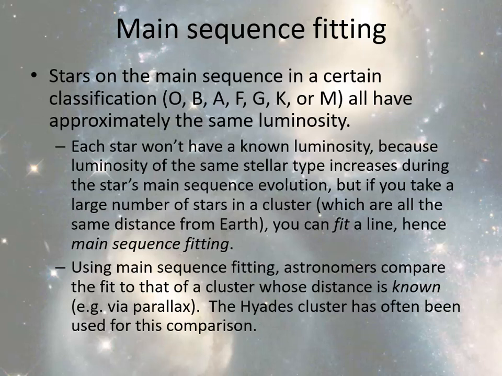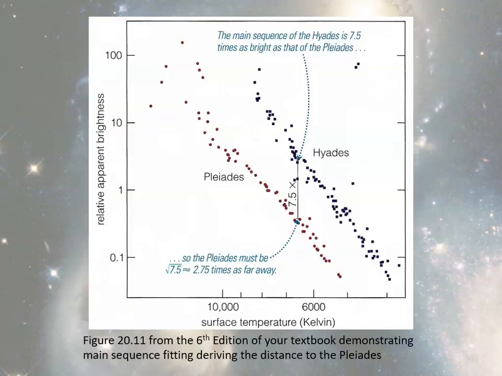Main sequence fitting is another way that we can determine distances. The idea is that if you can use, say, parallax to determine your distance to some cluster of stars, then if there is another cluster of stars that is farther away, maybe too far away for you to use parallax, then what you can do is plot both clusters on something like an HR diagram, except your vertical axis will be apparent brightness.